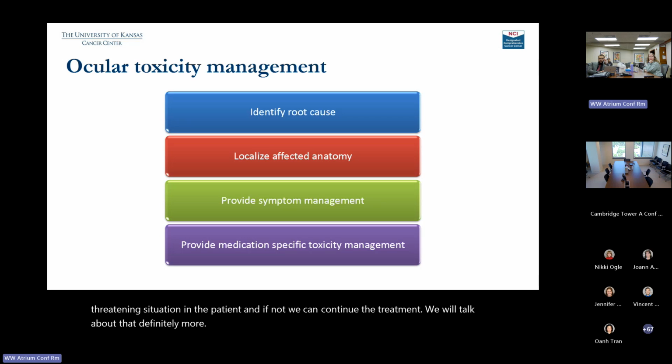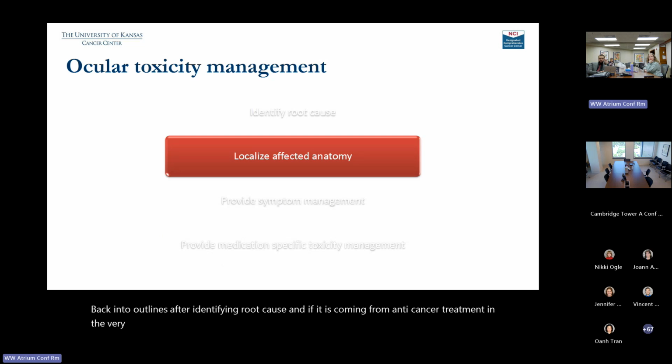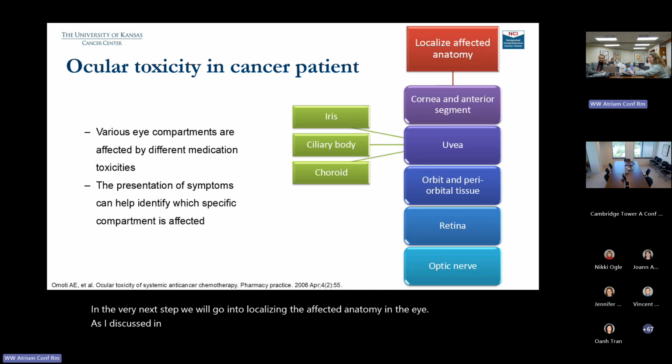Back to the outline. After identifying root cause, and if it is coming from anti-cancer treatment, in the very next step, we will go into localizing the affected anatomy in the eye. As I discussed in the introduction, we have different compartments in the eye, which you can see on the right side of the slide.